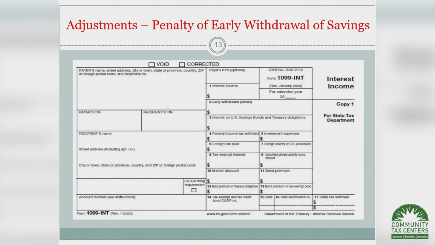And it would be reported to you on a 1099-INT, and you would see it under number 2, early withdrawal penalty. And no worries, once you have input the 1099-INT, TaxSlayer automatically pulls that in. Okay?